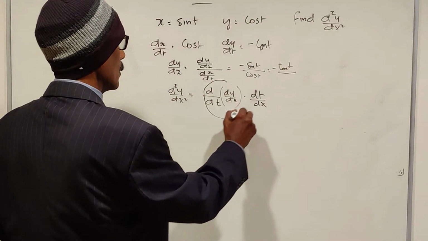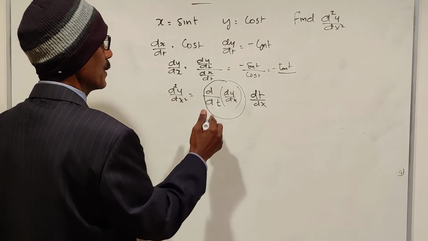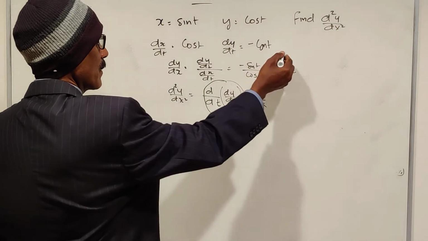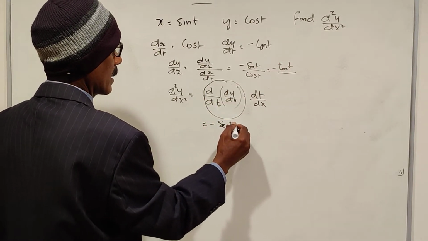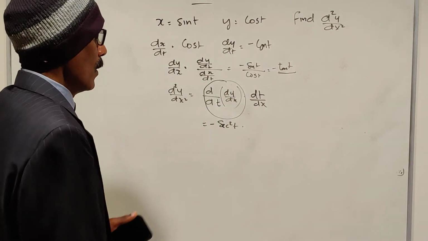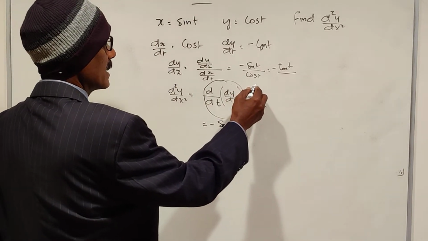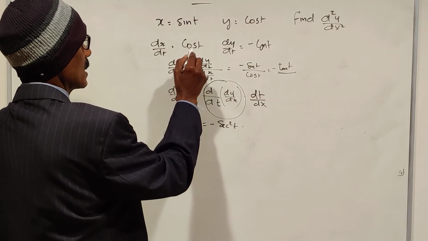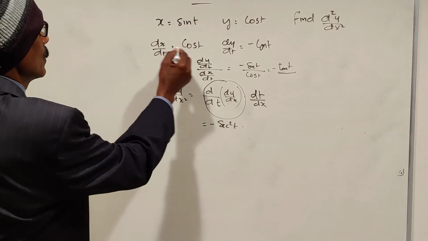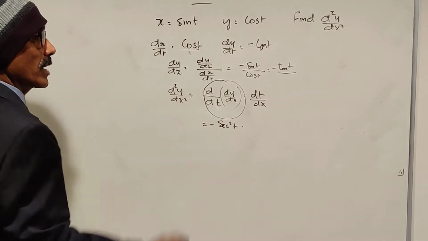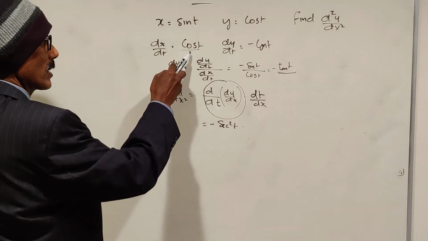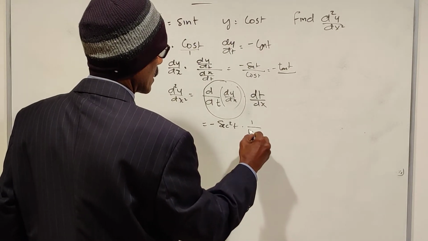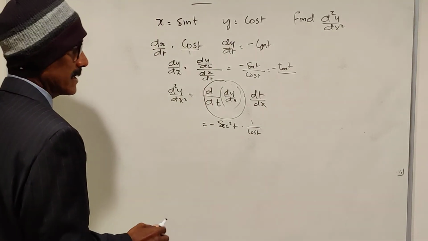So what is d by dt of dy by dx? That is the derivative of minus tan t. Minus is there, the derivative of tan t is sec square t times dt by dx. dx by dt is cos t, so when you change the numerator and denominator, dt by dx is 1 by cos t. 1 by cos t is sec t.